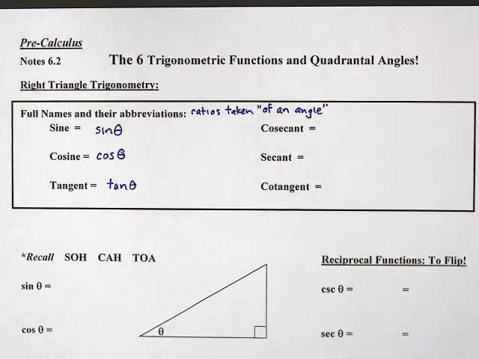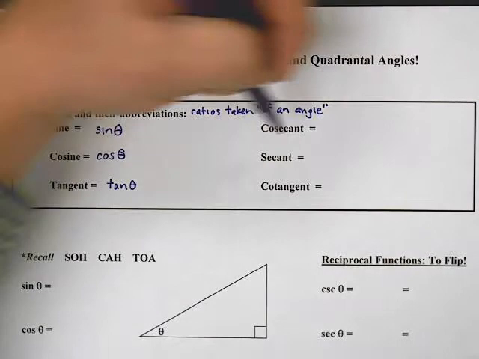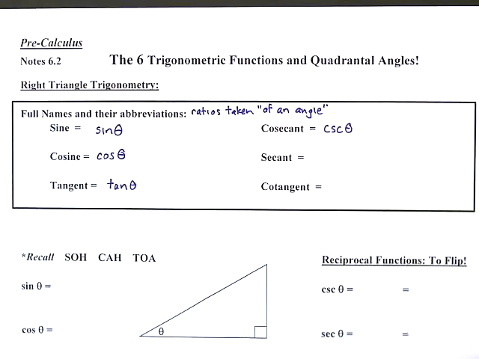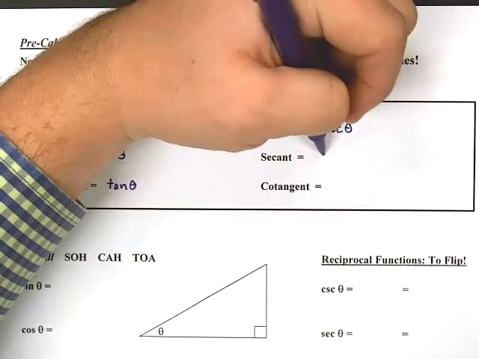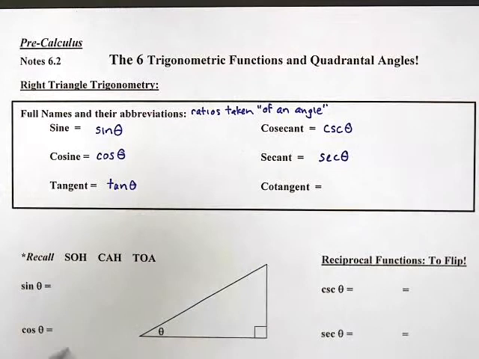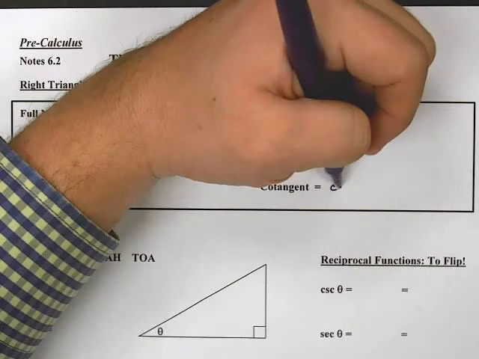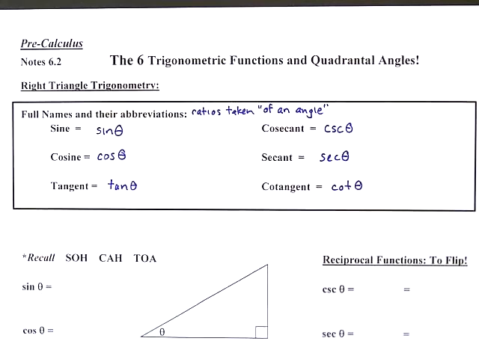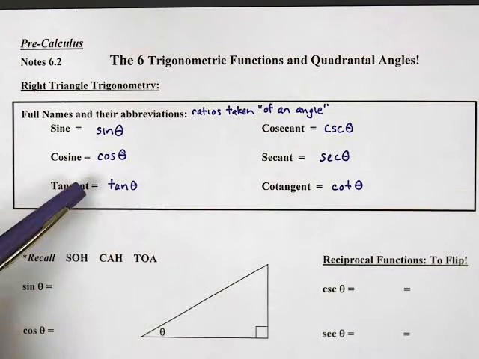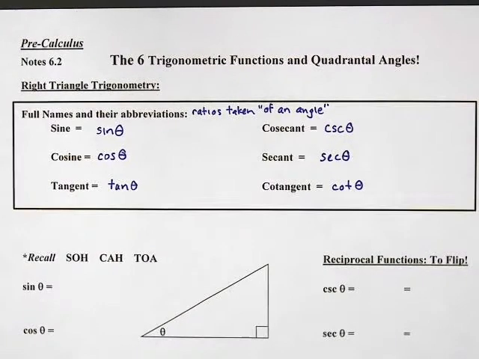They're just a little bit different. When we talk about cosecant, we use the abbreviation CSC. Secant, we use SEC. And cotangent is also somewhat easy. We just use the first 3 letters, cotangent of theta. Alright? So this is what you're looking out for when we're talking about trying to use any of these 6 trig functions.